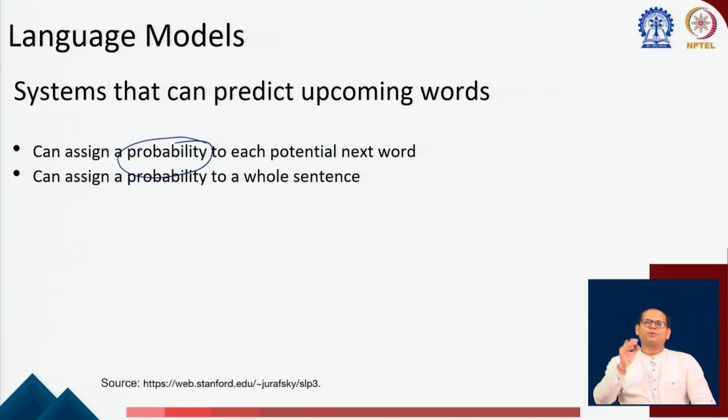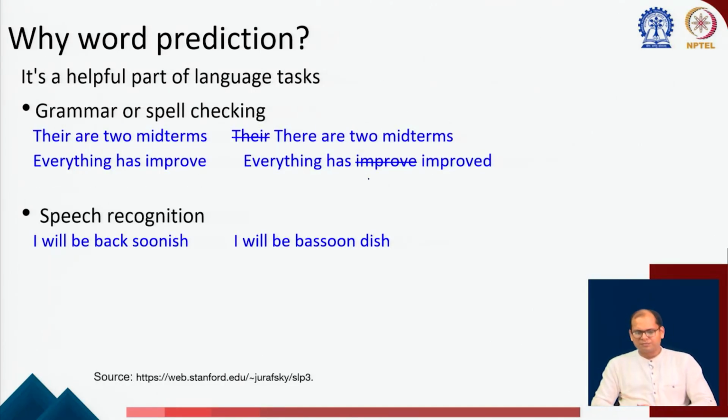So you can assign a probability to each word, and by this method it can also assign a probability to the whole sentence. So if you have multiple sentences competing for various applications, you can find out which sentence has a higher probability, and you can accordingly select. So it can do both tasks: a probability to each potential next word and to the whole sentence.